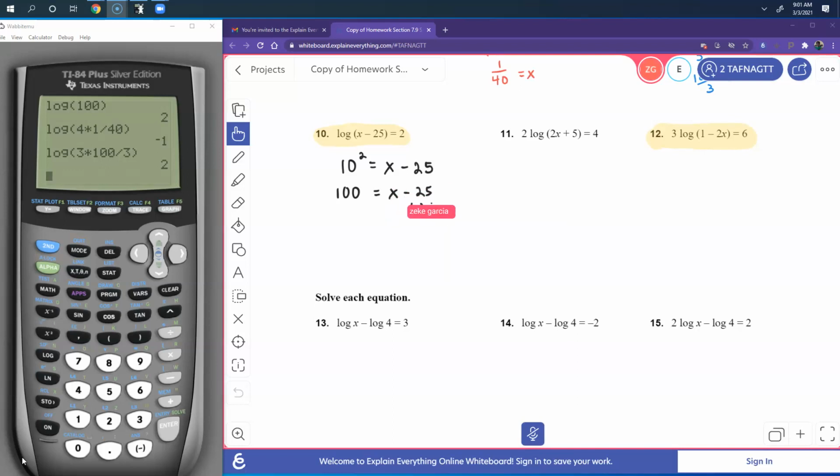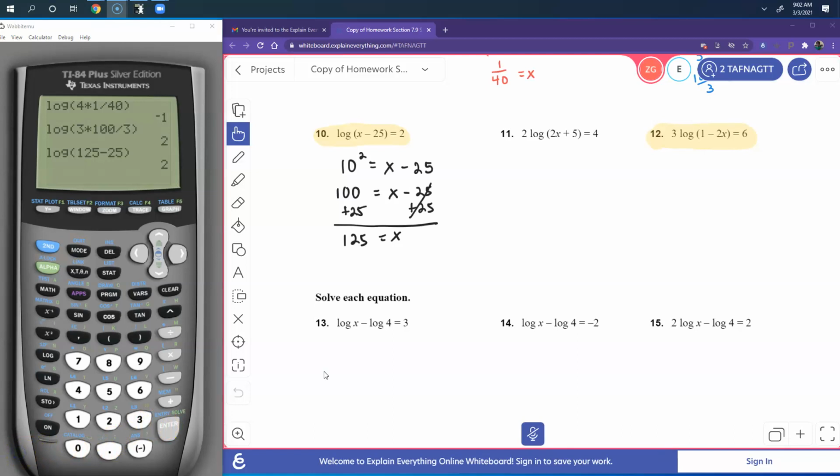So you add 25 to both sides. So you have x equals 125. I'm going to go ahead and check using the calculator. So we have log of 100 minus 25, 125. You notice the 25's cancel. You're left with 100, and it is 2.